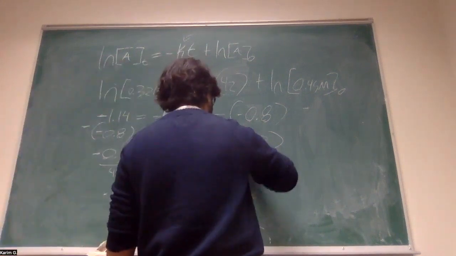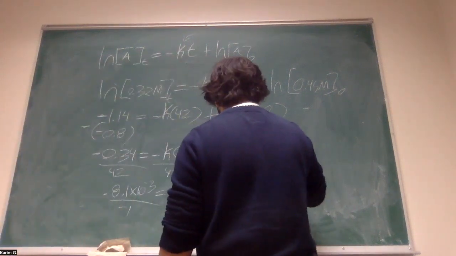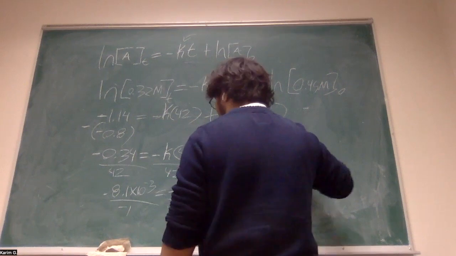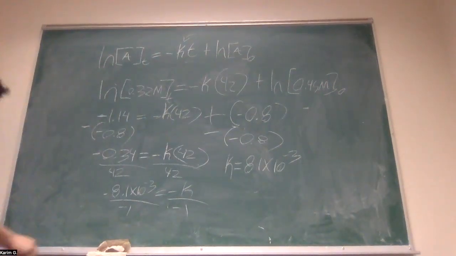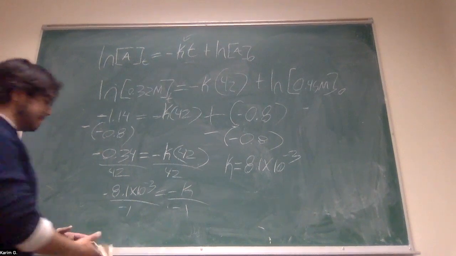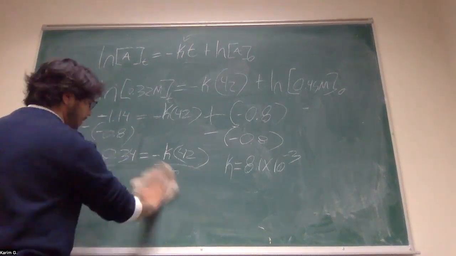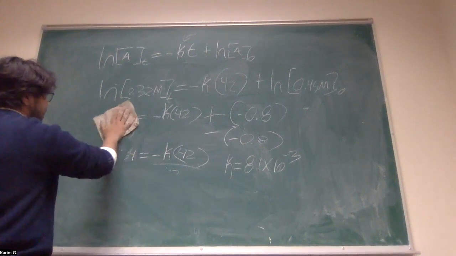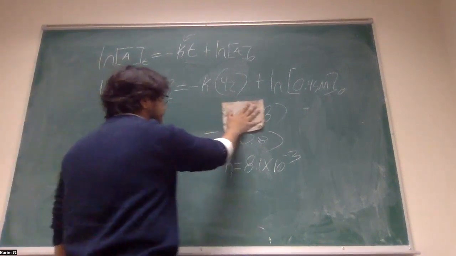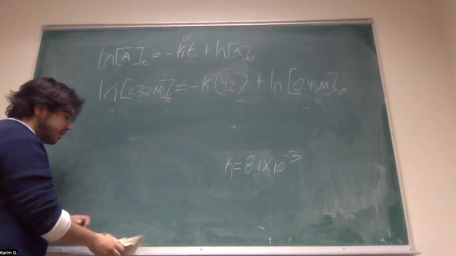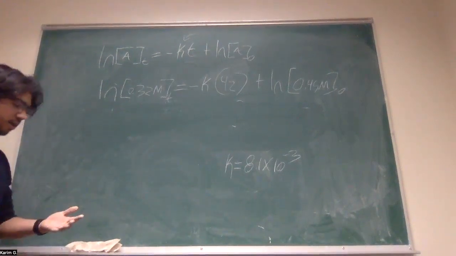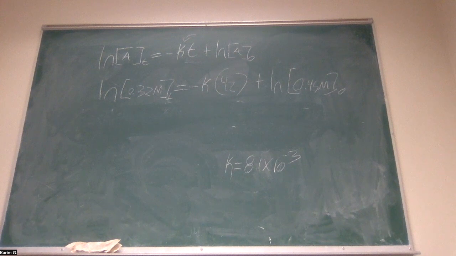And then our K would equal 8.1 times 10 to the negative 3. So we solved for our K given that reaction. And remember that K is a constant. No matter at what point of the reaction, your K is always going to be the same.